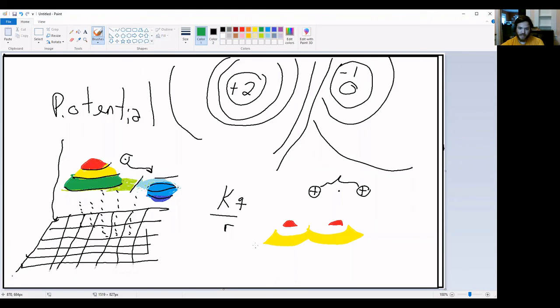So what we see is this mountain arising from the general green backdrop. And if we're trying to find this potential right here, I'm trying to find what is the value of the potential here. Well, if you look, it's the field of this one and the field of this one added right here.